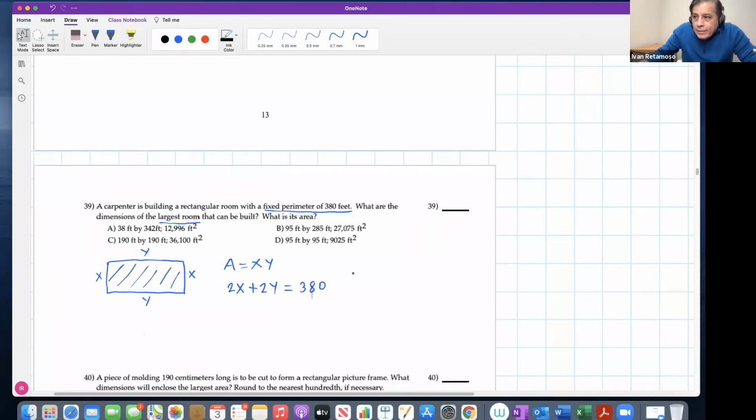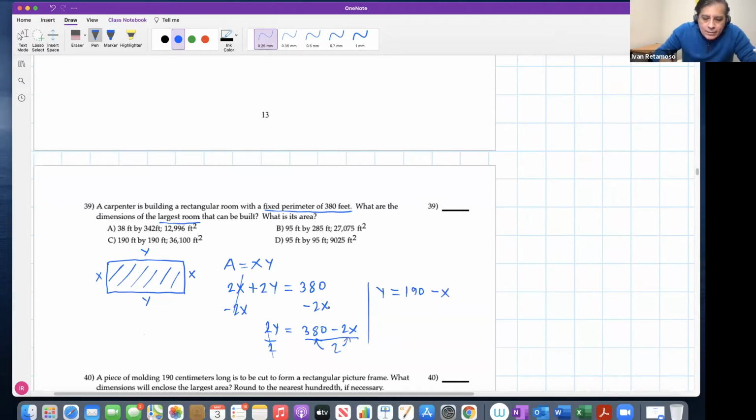But now from the constraint, we can isolate our variable y, by subtracting 2x in both sides. 2y equals 380 minus twice x. And dividing both sides by 2, y ends up being just this. 2 into 380 is 190, minus 2 into 2, 1, so this is x.